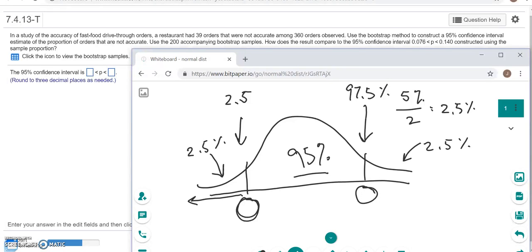Because again, to find the upper limit of our confidence interval, we need to know what area to the left of this point is present on the graph. Well, that is this 95% plus this 2.5%, so all together it's 97.5%. So our two percentiles that we need for this 95% confidence interval are 2.5 and 97.5.